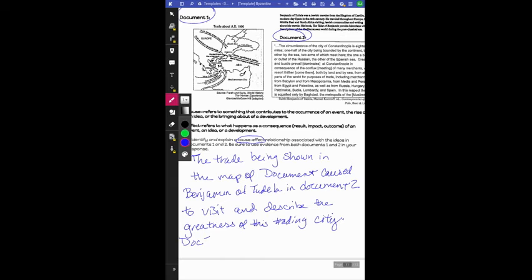Doc 1 shows goods from Europe, Asia, and Africa coming to the city of Constantinople.